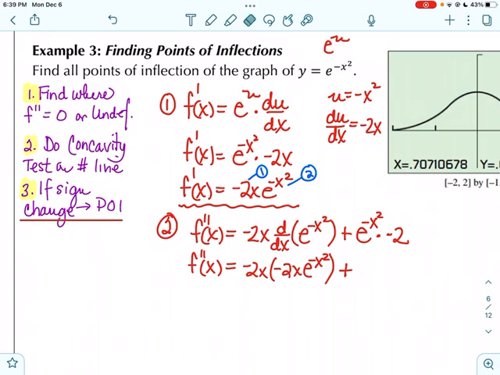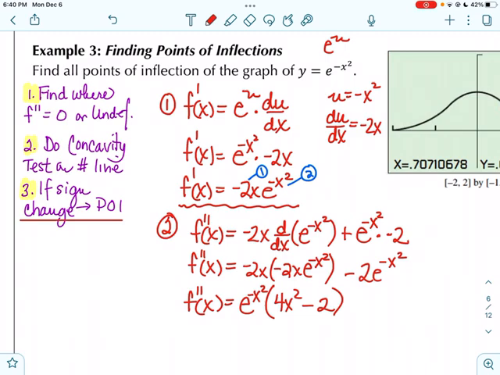So it would be minus 2e to the negative x squared. And so I'm going to factor out the common factor of e to the negative x squared. I'm going to say f double prime of x is equal to e to the negative x squared times 4x squared minus 2.